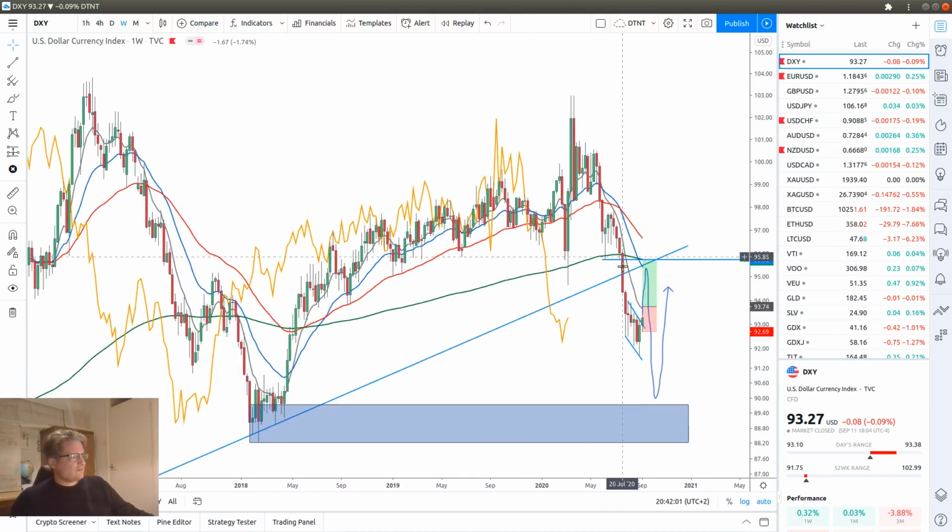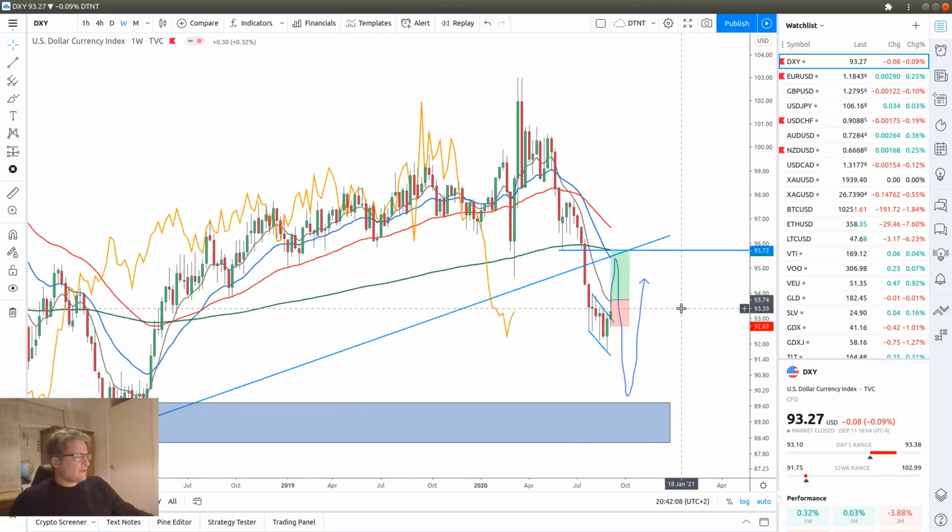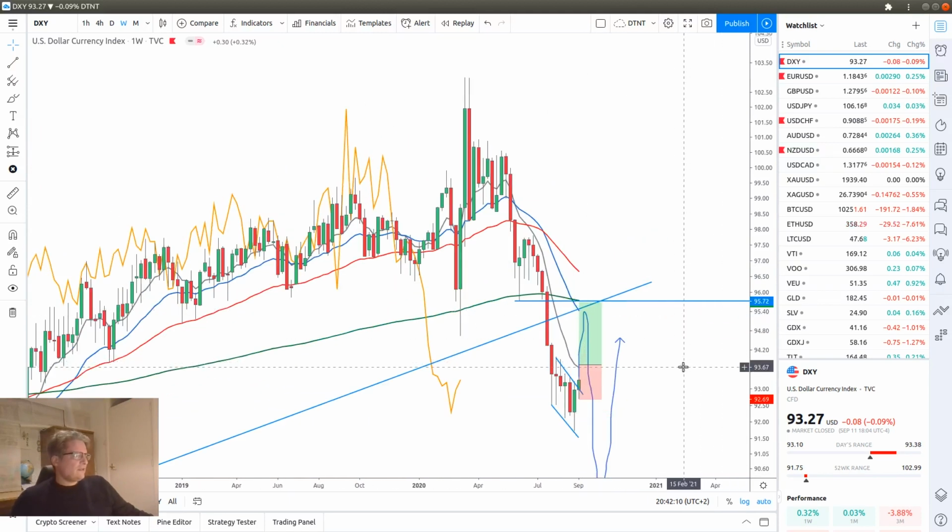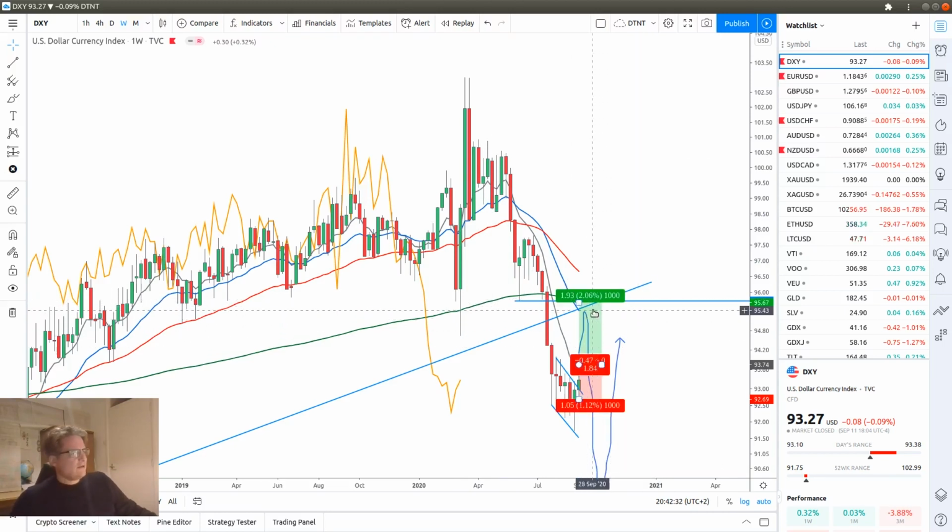We've broken it strongly, and then we started to consolidate a little bit, and now we have broken up out of this consolidation. I'm waiting for a break of the high of last week to get long and trade it back into this level of the trend line, and also of this support line that was support here, and it will probably be resistance when price gets there.